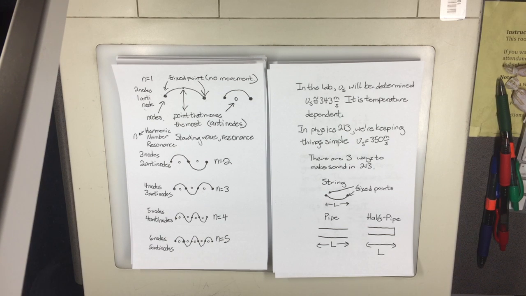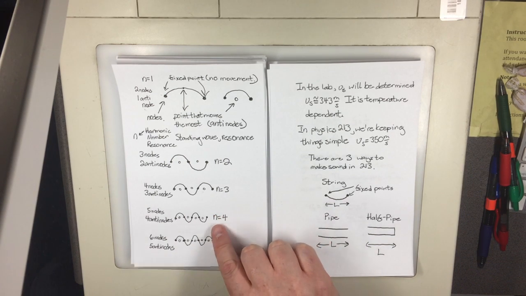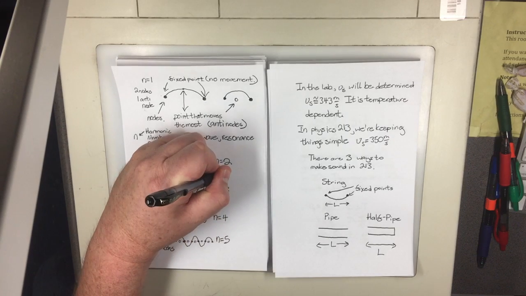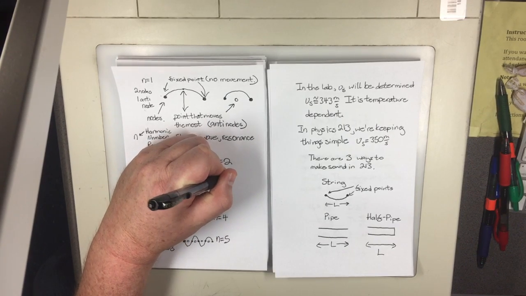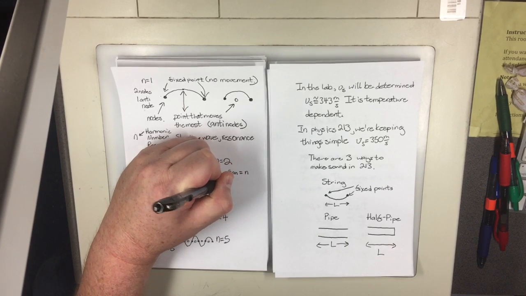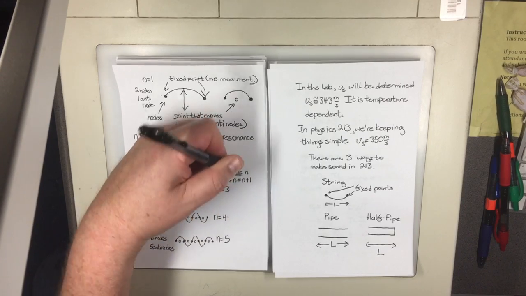If I said how many nodes are in a wire that's vibrating at N equals 4, you just merely add 1. So the number of antinodes is equal to N. The number of nodes is equal to N plus 1.